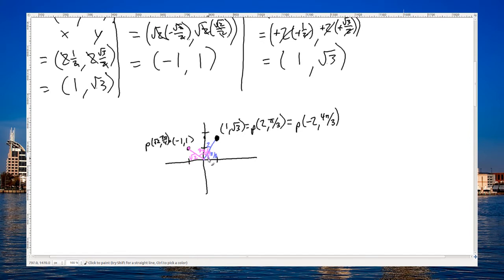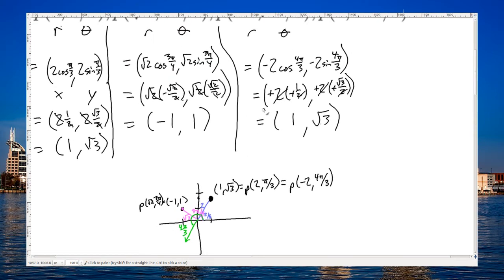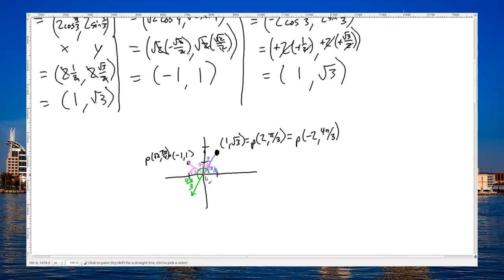So if I were to actually rotate that much, I would get this angle here, 4 pi over 3. However, I was told to go in the negative direction. So instead of going out 2, I go back negative 2 and end up there at the same point.